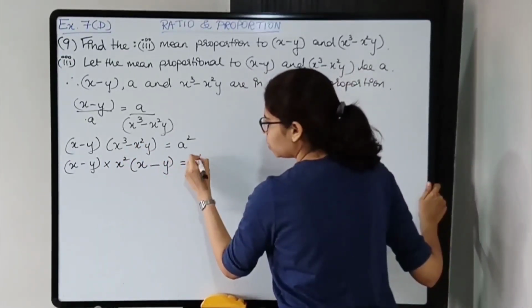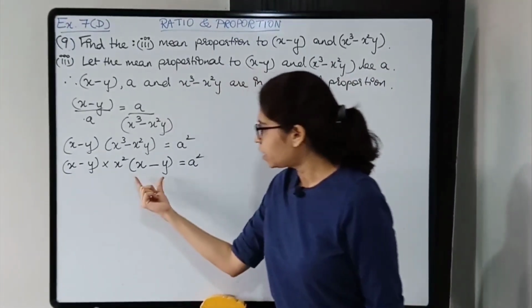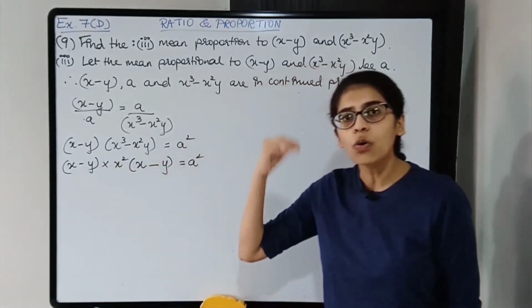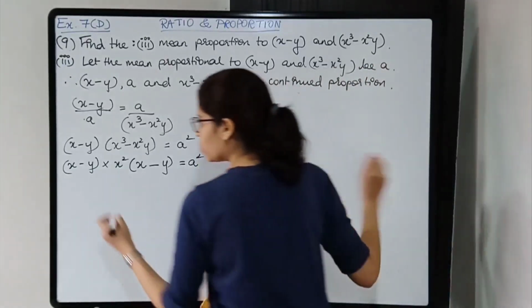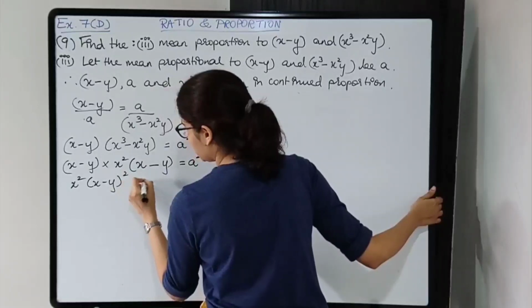So this is equal to A square. Now x minus y into x minus y is nothing but x minus y the whole square. So x square into x minus y the whole square is equal to A square.